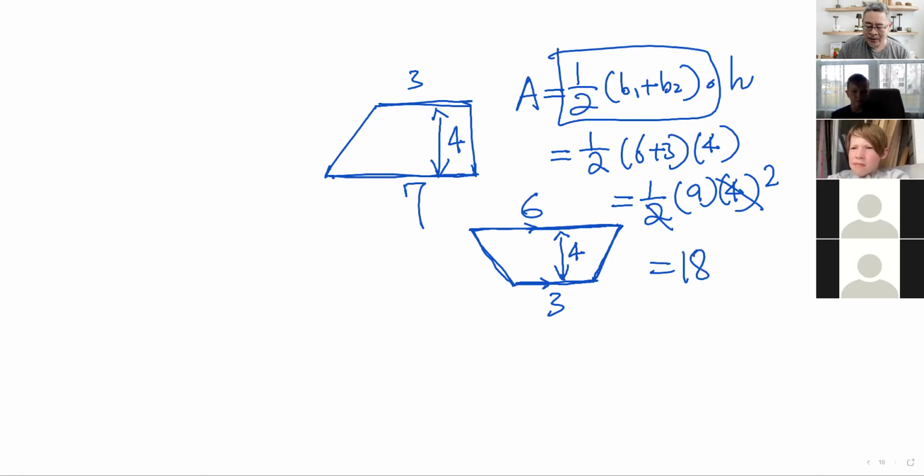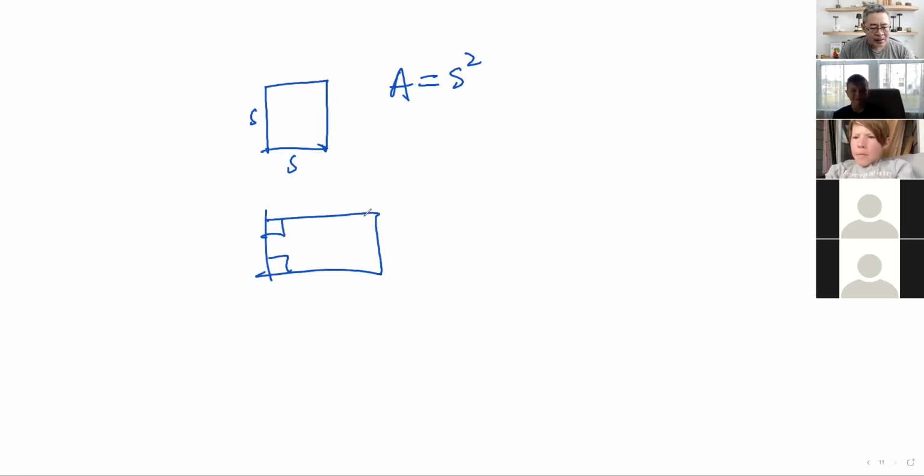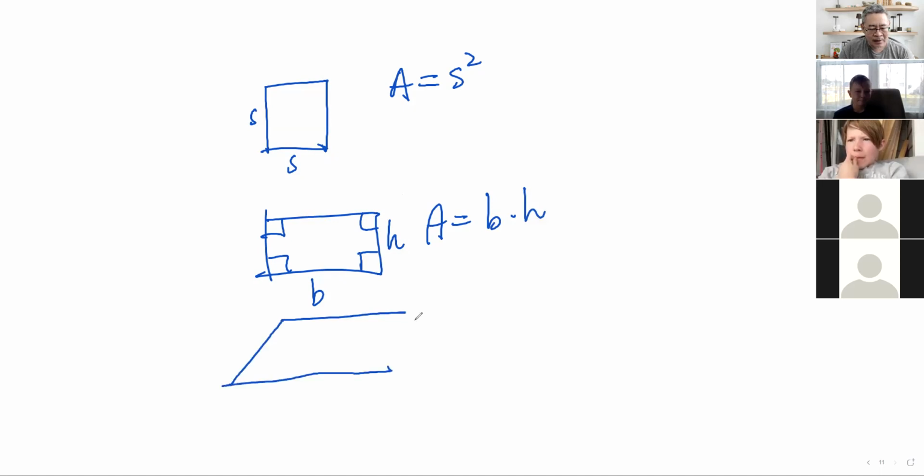Okay, very good. So let's do a recap here. We know the square formula is s squared, if we have one side. And we have the rectangle. We use that mark to mean they are 90 degrees. We have the base, then this side is the height. So the area is base times height. Then we get the parallelogram.